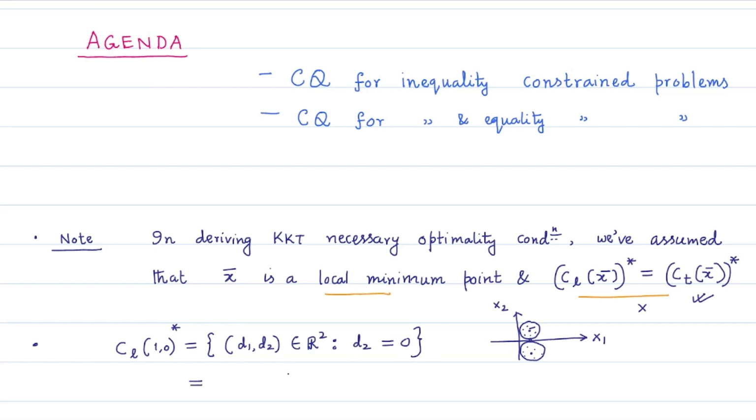But the dual of the tangent cone at the point 1, 0 is the null set, and therefore the dual of the linearizing cone at the point 1, 0 is not identical with the dual of the tangent cone at the point 1, 0. Hence this condition is not satisfied, and thereby the point 1, 0 is not a KKT point. In order to ensure that the KKT conditions are necessary for optimality, a constraint qualification like this condition is necessary.